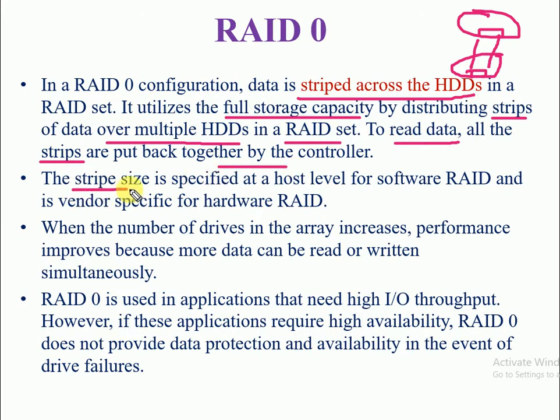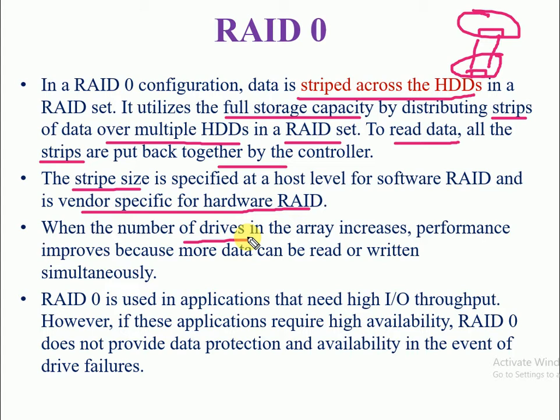Now the stripe size is specified at the host level for the software used for RAID, and it is vendor specific for hardware RAID. When a number of hard disk drives are available and the data are striped across different drives, the partitions are distributed among different disk drives and accessed using a common controller.